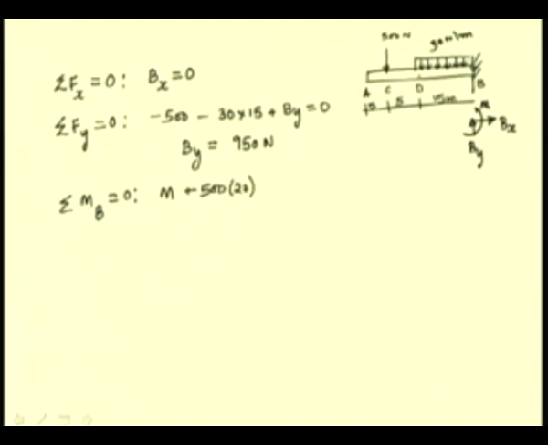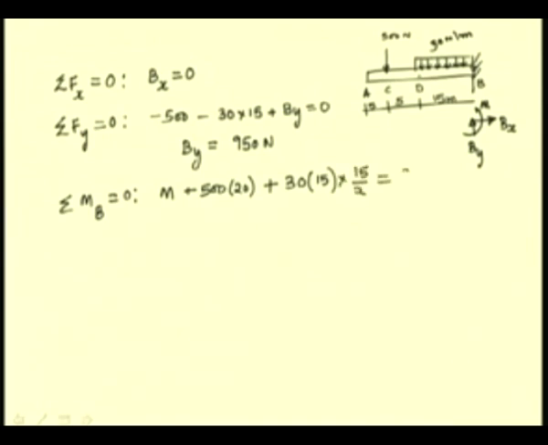Then we have the moment of this distributed force. The equivalent force is the total load acting through its centroid. So, here in this case the centroid lies midway from D to B, that is at 7.5 meters from B. So, we have the moment as 30 into 15, which is the total load, and whose moment arm is 15 by 2.